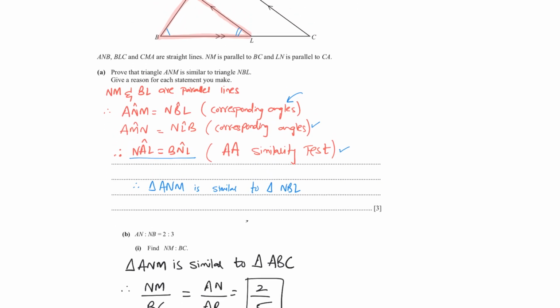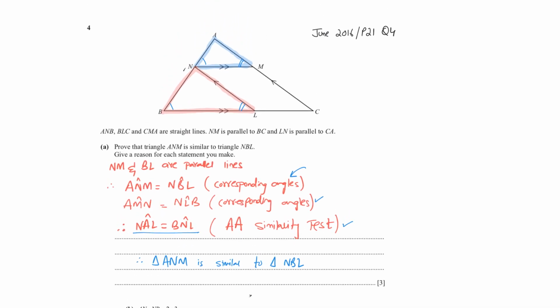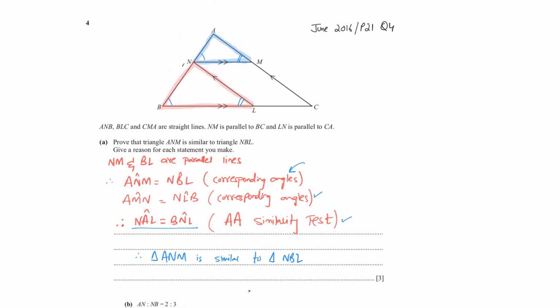So we know that triangle ANM is similar to triangle ABC.